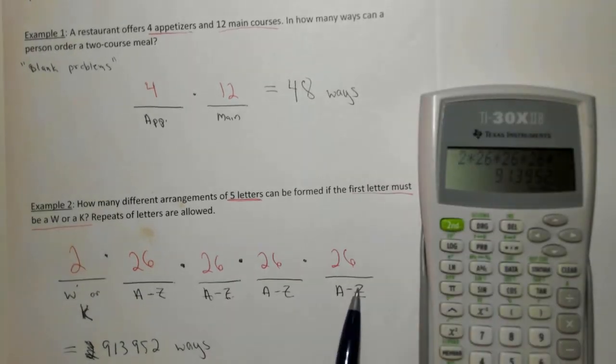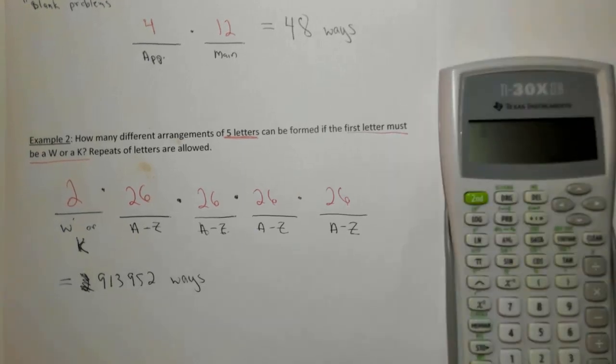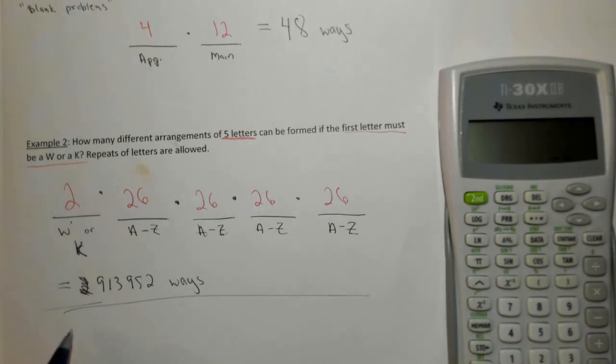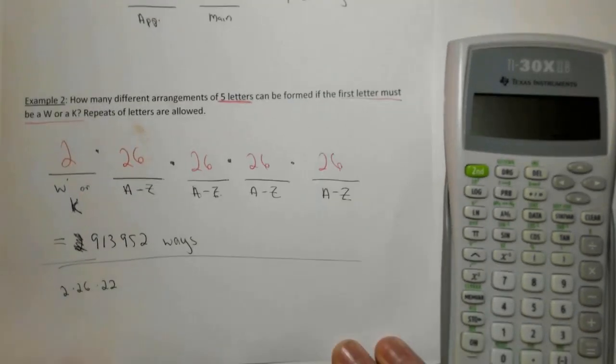In this problem, there's only 4 26s we're multiplying together. But in some, you may have 10 26s or 10 of some number you're multiplying. So if you have the same number you're multiplying a few times, the way I would do this is type it in like this.